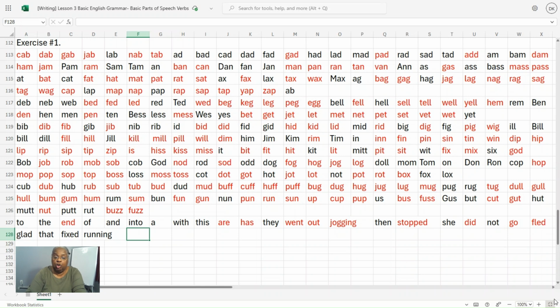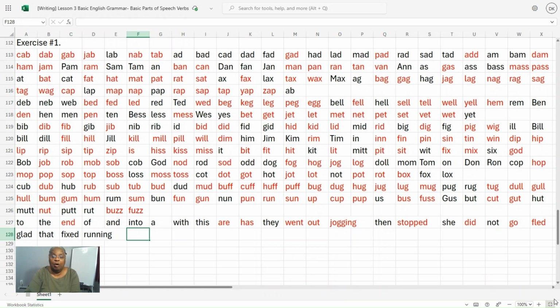Now, in doing exercise 1, you will notice that many of the words within the group of words were classified as nouns in lesson 2 of the writing series. I'd like to take this moment to inform you that many nouns can be used as verbs in other parts of speech, depending on the meaning or situation in which the noun word is being used.